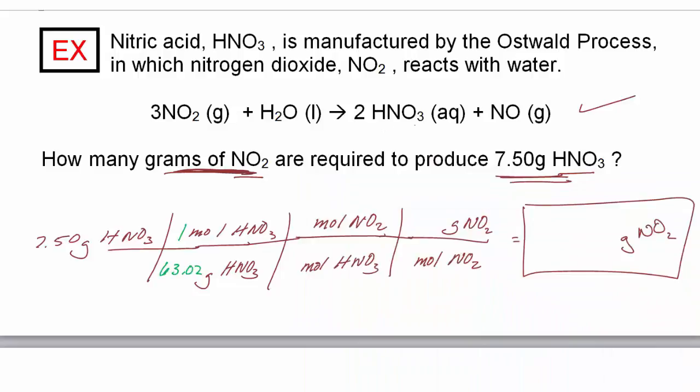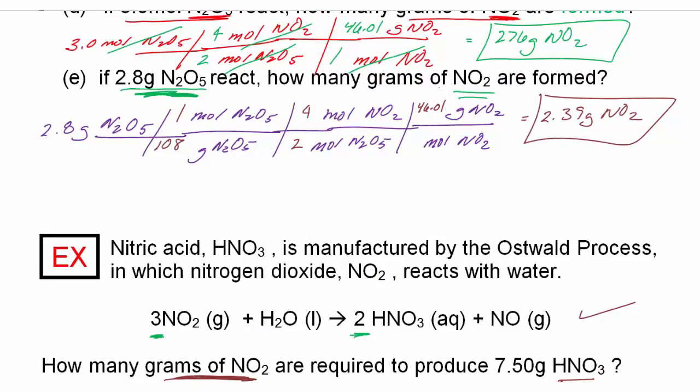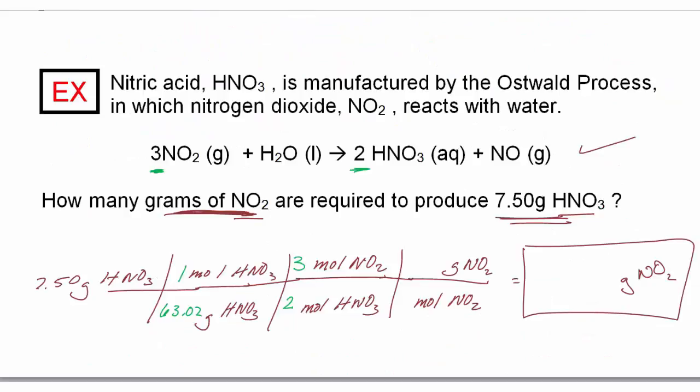And I have 3 moles of nitrogen dioxide for every 2 moles of nitric acid. And the molar mass of nitrogen dioxide is 46.01.